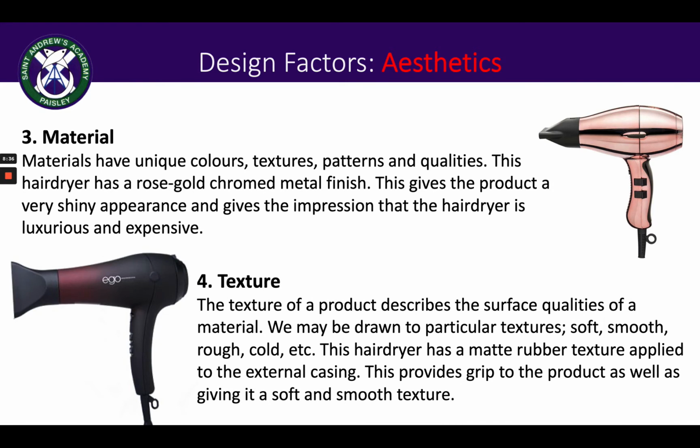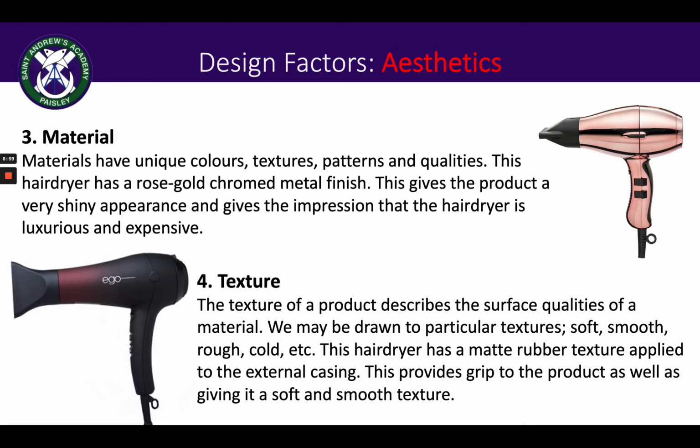Next one, material. Materials have unique colours, textures, patterns and qualities. This hairdryer on the top right has a rose gold chrome metal finish, and this gives the product a very shiny appearance and gives the impression that the hairdryer is luxurious and expensive.